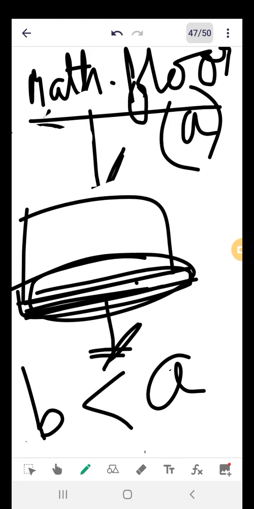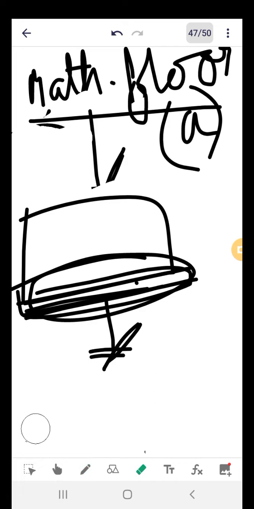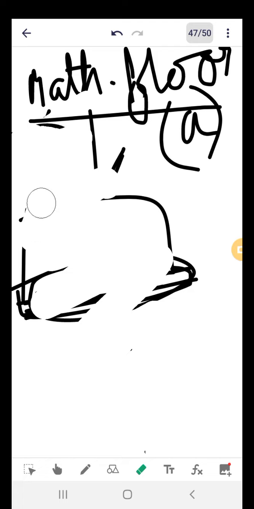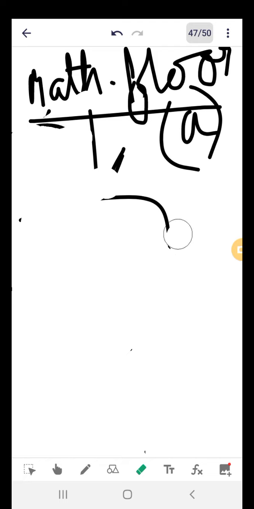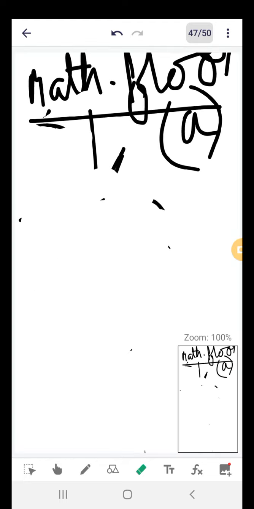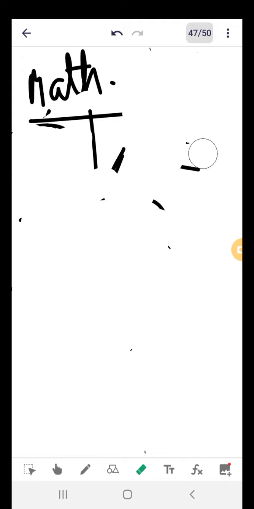It will make it floored. It will not go up, it will bring the value down. Understood? Okay. Now the next is mat.ceil. So ceil, I think you got to know, obviously you may have got an idea.